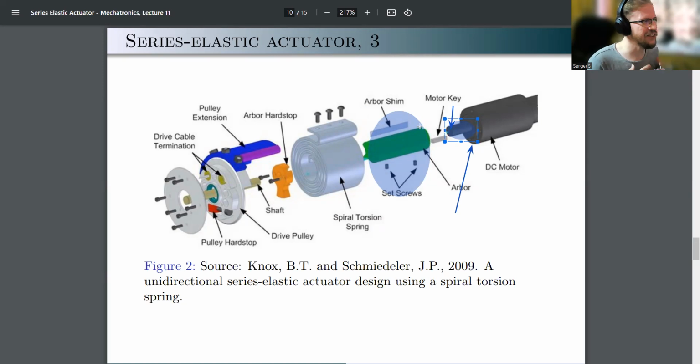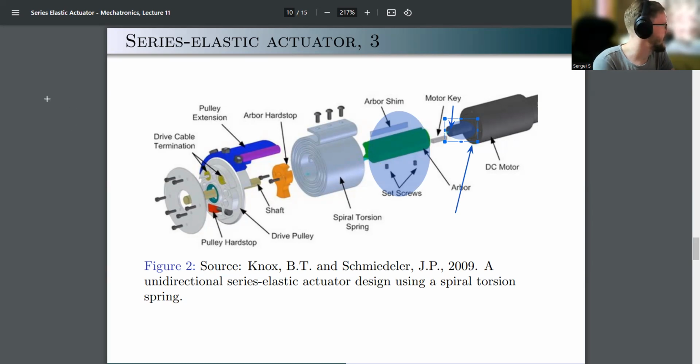It is quite rare to have a firm which would produce everything in-house. So it happens sometimes, but it is also quite typical to have one producer create electrical motors, one producer create gearboxes, or in this case, series elastic actuators, and so on and so forth. So it's not always just one company that produces everything. So this is just a connecting element.